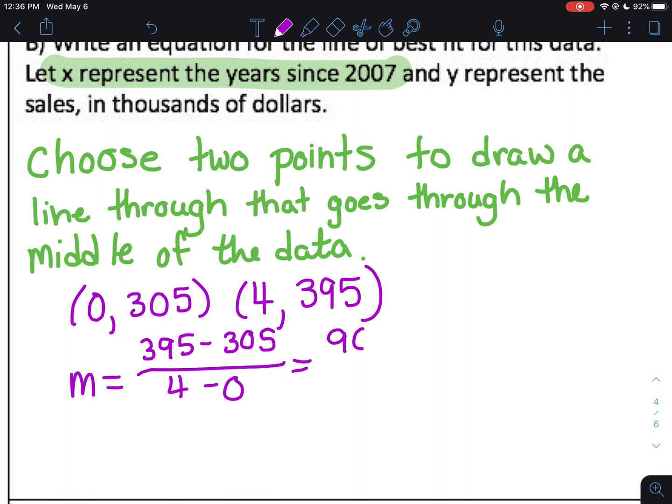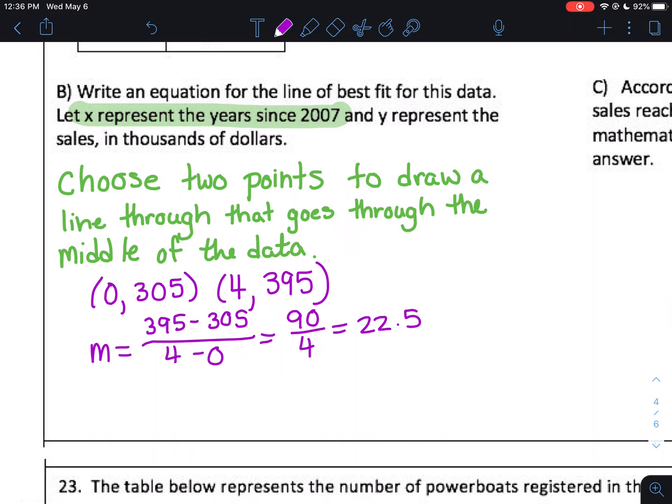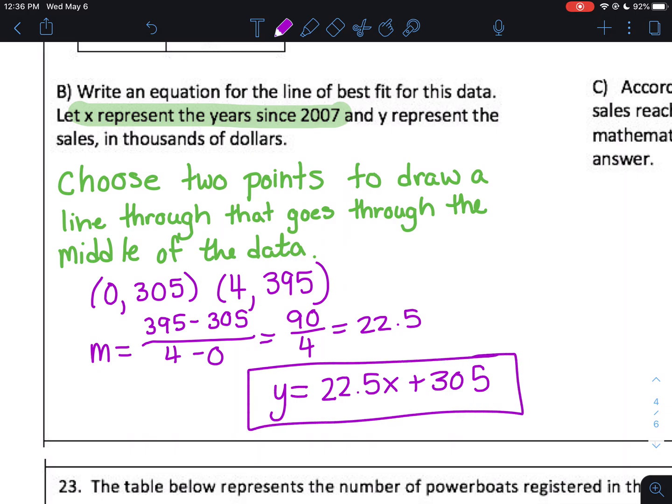It's going to give me 90 over 4, which is 22.5. And then I need my y-intercept, which fortunately I have. It's going to be my 305. So the equation of the line is y equals 22.5x plus 305. Okay, that's going to be the equation of the line.